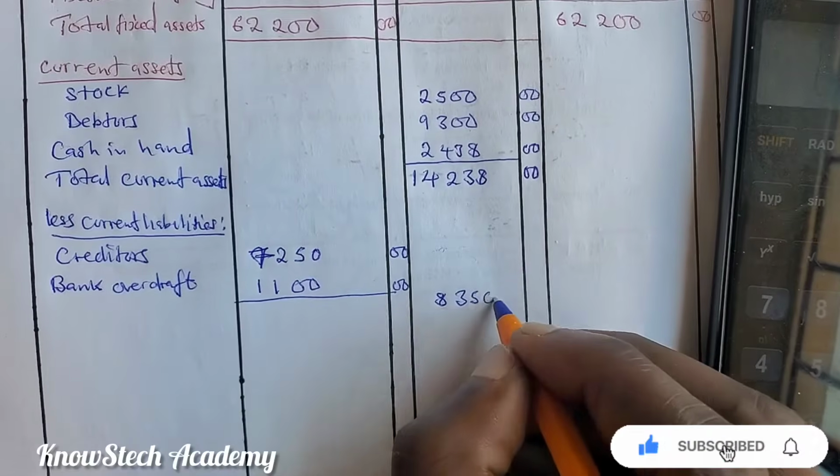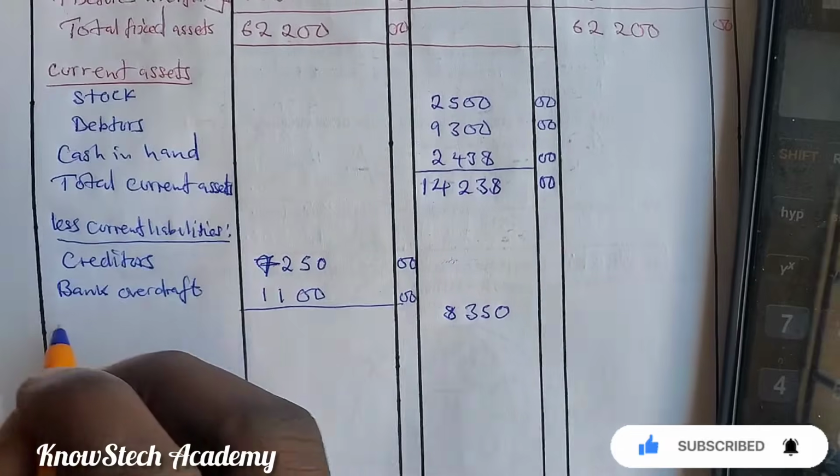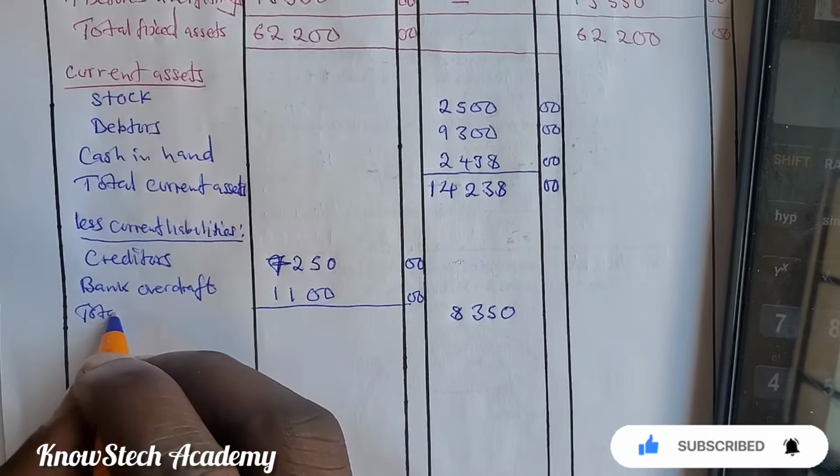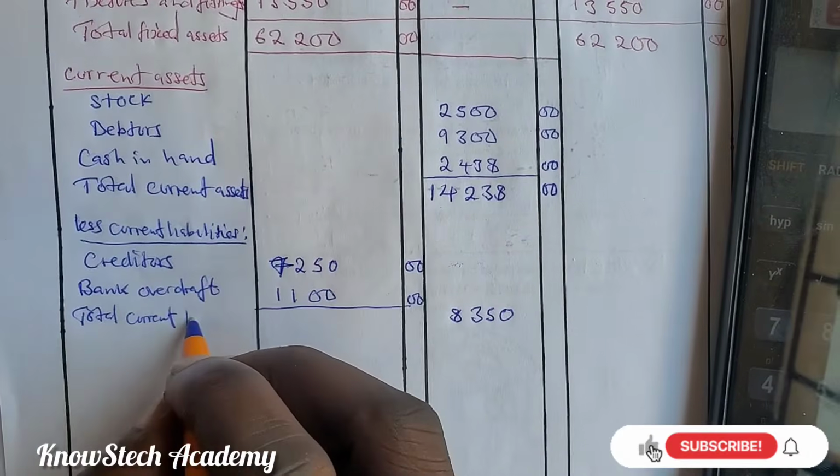But what do we call this figure? We have added liabilities, so this one must be total current liabilities.